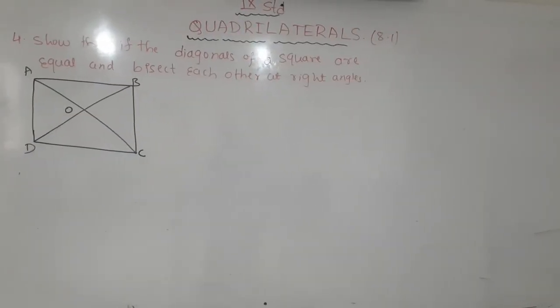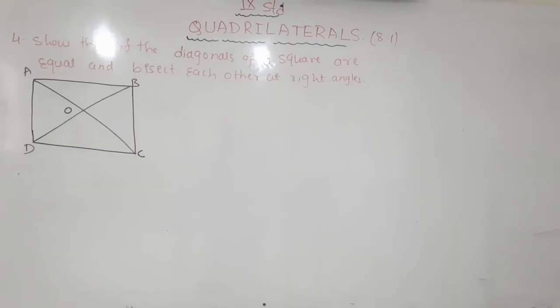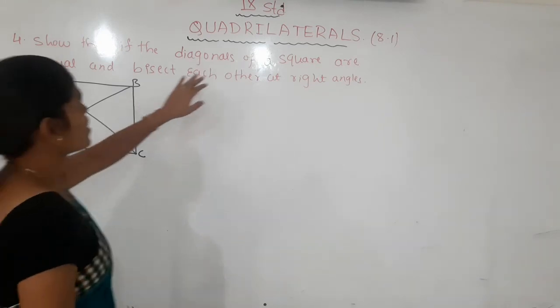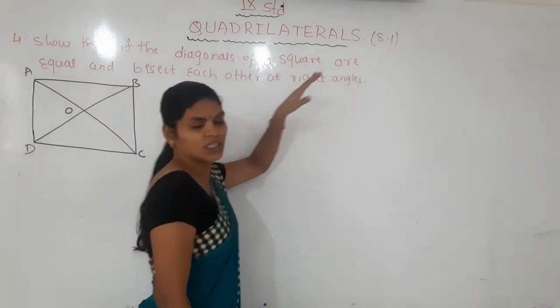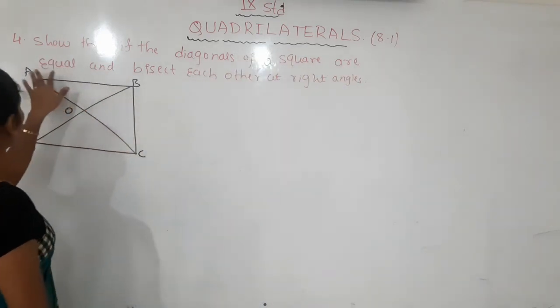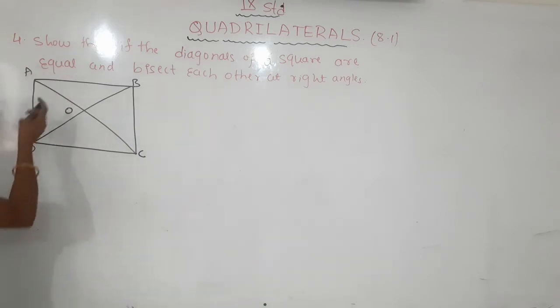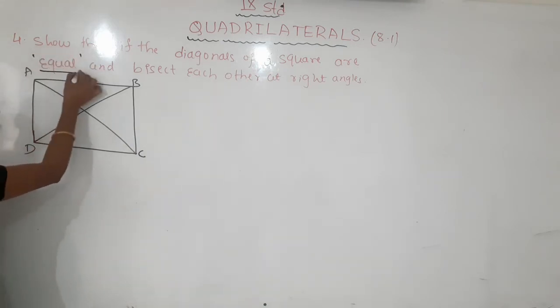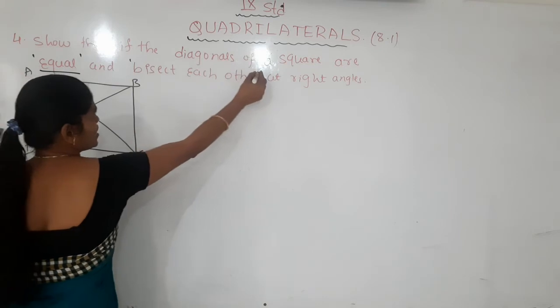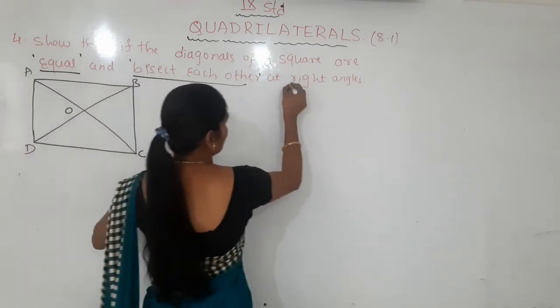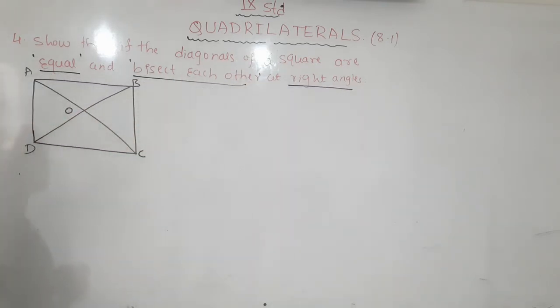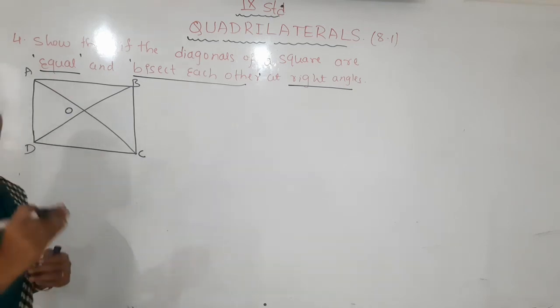Okay, take the next question. What is that? Show that the diagonals of a square are equal and bisect each other at right angles. Yes, a very interesting fact. There are three things we have to prove here.